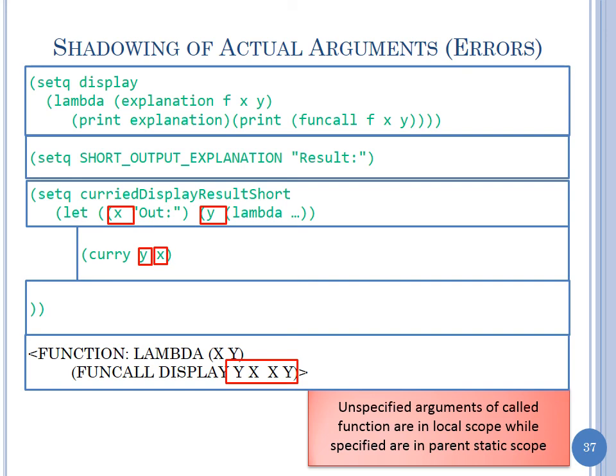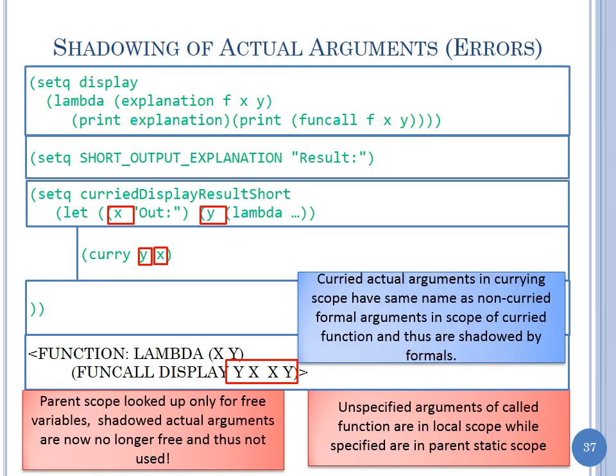So this is FUNCALL, and this should be display, right? There should be a FUNCALL to display. So FUNCALL display, and then explanation becomes y, and f becomes x. I actually forgot the display here. So it should be FUNCALL to display, and then yx fxy.